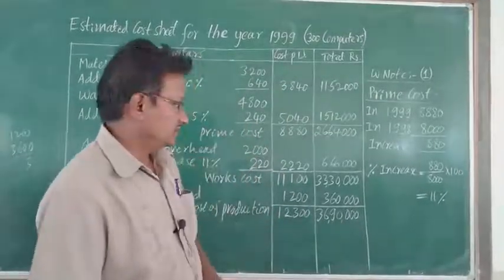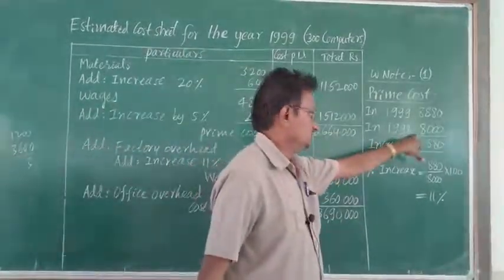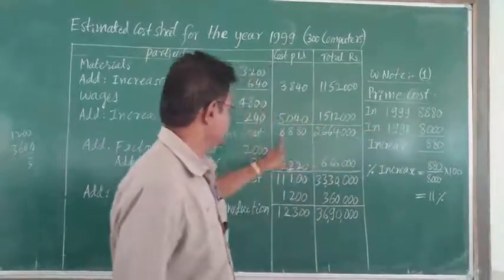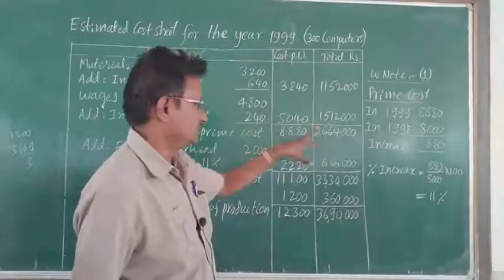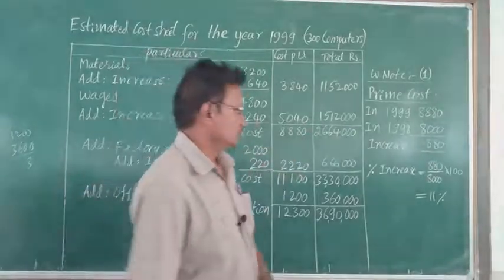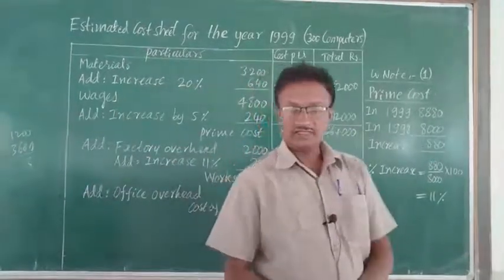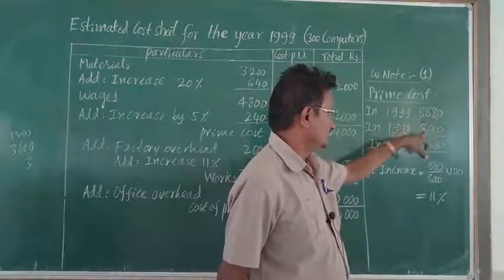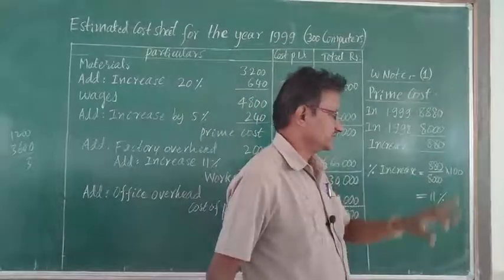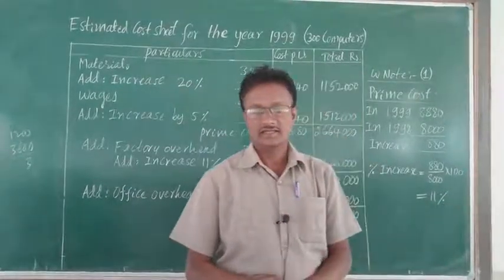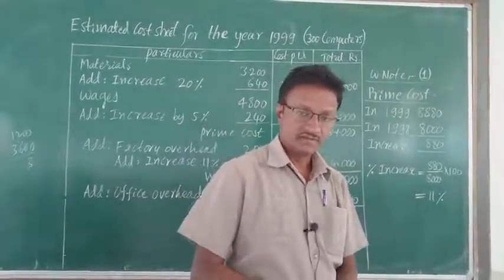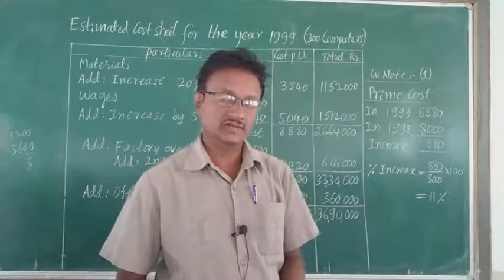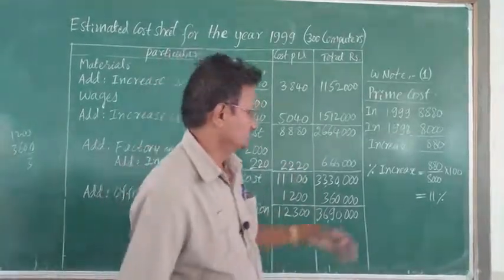In 1998 the prime cost is 8,000. In 1999 the prime cost is 8,880. So ascertain the increase. 8,880 minus 8,000, that means 880 has been increased. Now we have to calculate the percentage of increase.